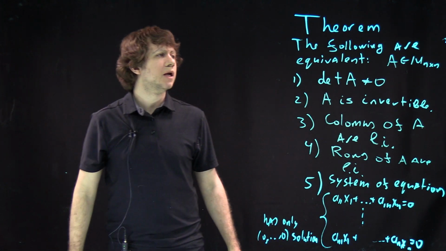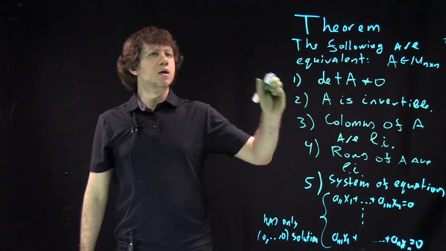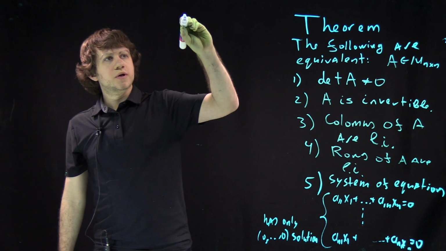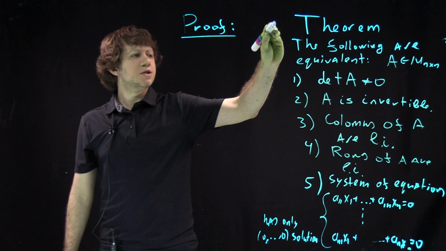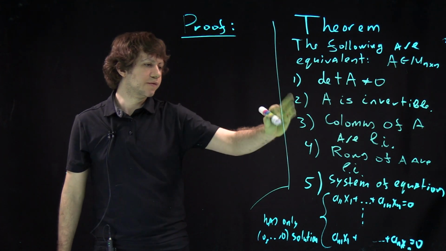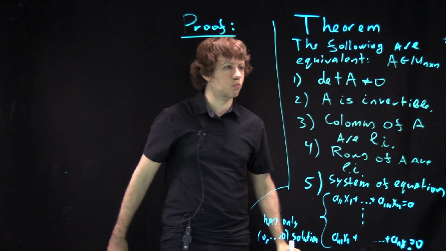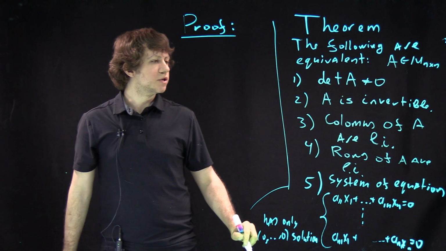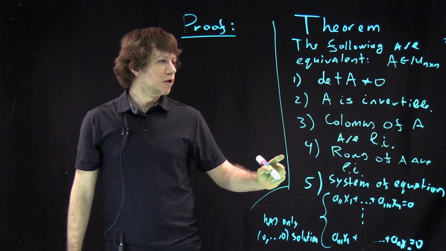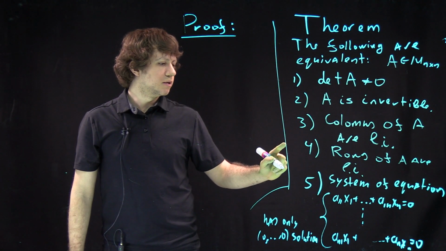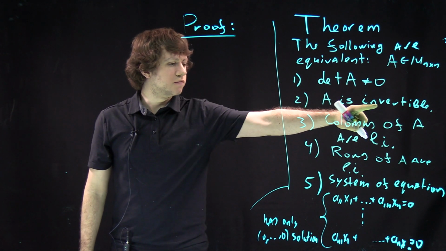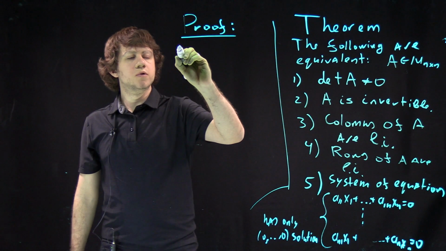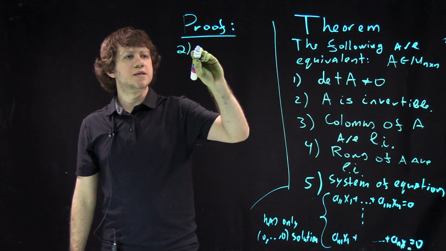So let me prove it. The proof is honestly very, very simple now. So let's just recall, everything here is trivial, except for one. So we know that, for instance, if the matrix A is invertible, so 2 implies 5.